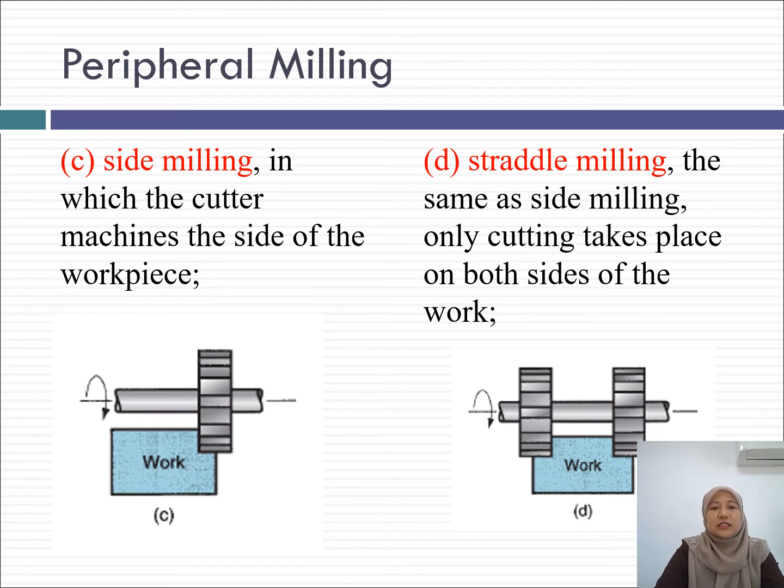It is similar to the shape of slot milling, however the cutting happens on one side of the workpiece. Straddle milling is the same as side milling, however the cutting now takes place on both sides of the workpiece.